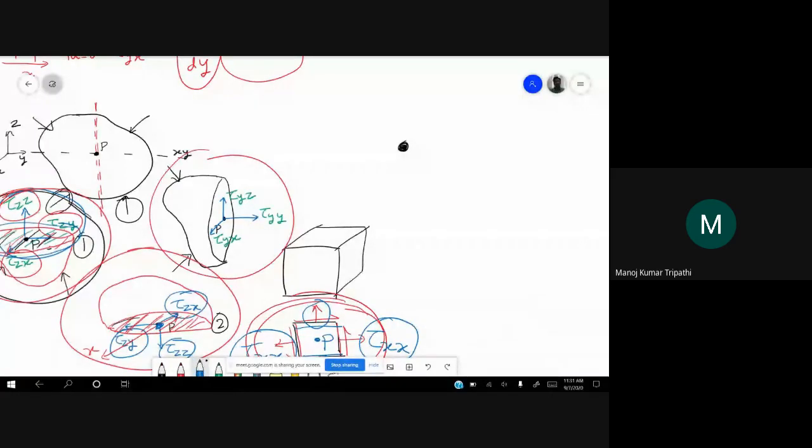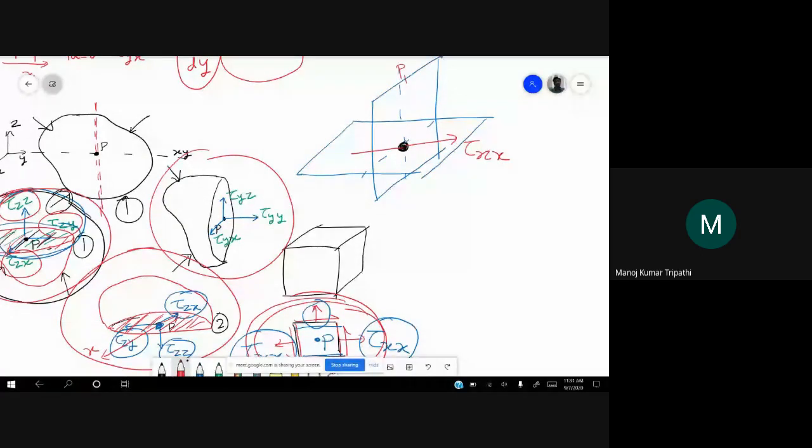So you can also see point P here, and these are, this is one plane, this is another plane, passing through the same point, and we are talking about stresses here. So on the same plane P1, this is tau xx, and in that direction also tau xx if the other orientation of the plane.